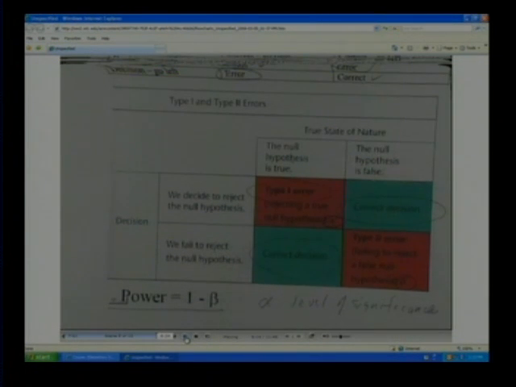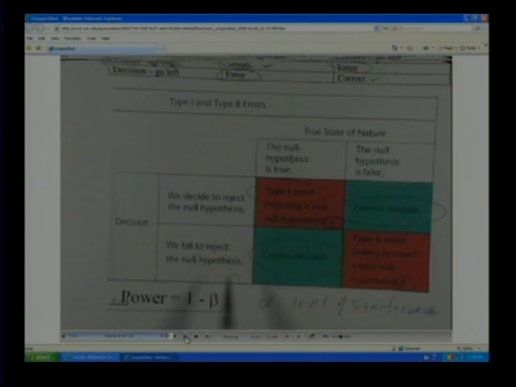We don't ever accept a hypothesis in statistics. We just fail to reject it. In real life, probably that means that we accept it, but statisticians will never accept a hypothesis. They just fail to reject the null. And that sort of has something to do with the way that statistics are set up. So as a beginning student in statistics, you just have to accept that.